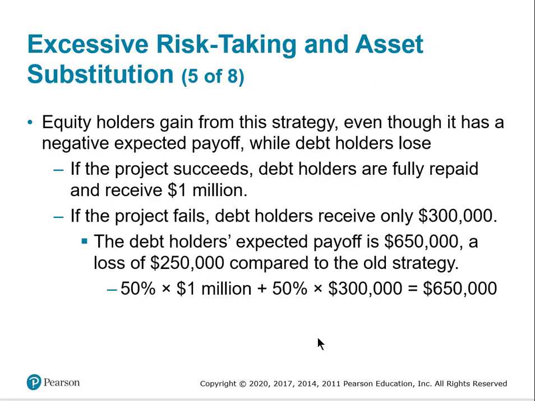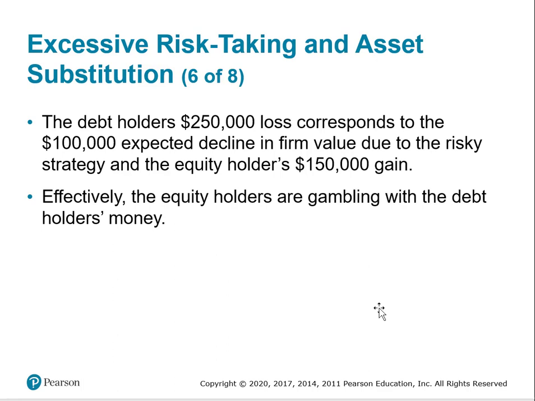It's a loss of $250,000 compared to the old strategy, right? 50% chance of $1 million, 50% chance of $300,000. So the expected value is $650,000. So the debt holders' $250,000 loss here corresponds to the $100,000 expected decline in firm value due to the risky strategy and the $150,000 gain.